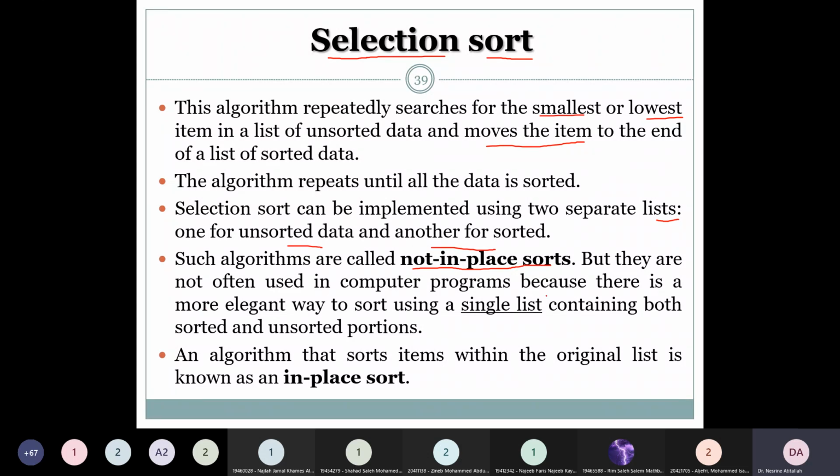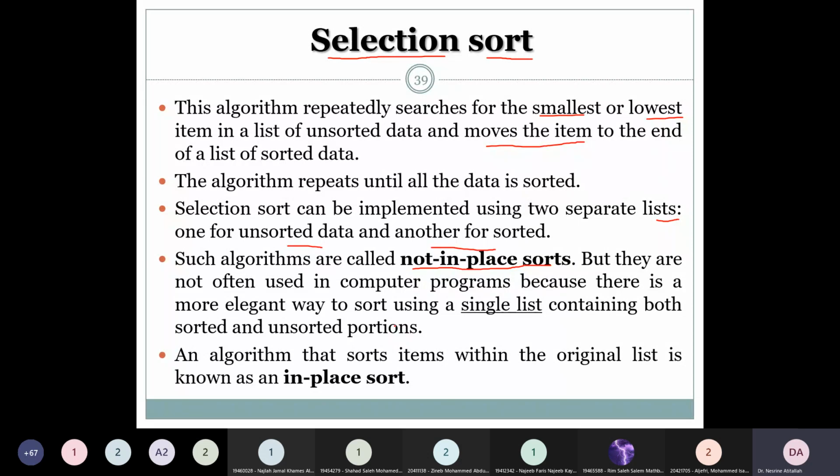It is not efficient to use two lists because it will use more resources and allocate more memory.